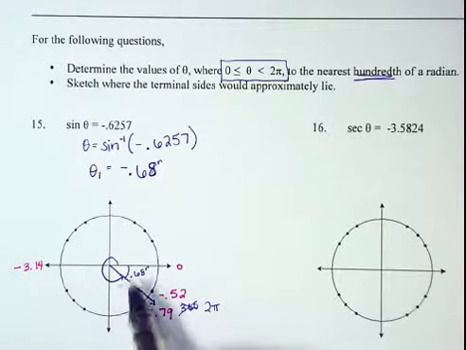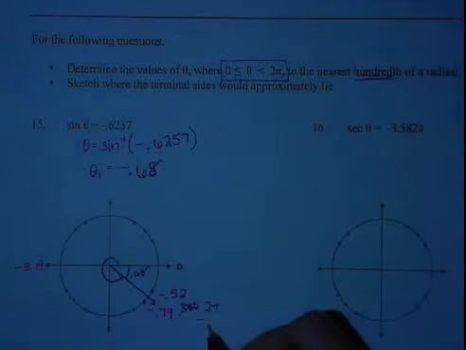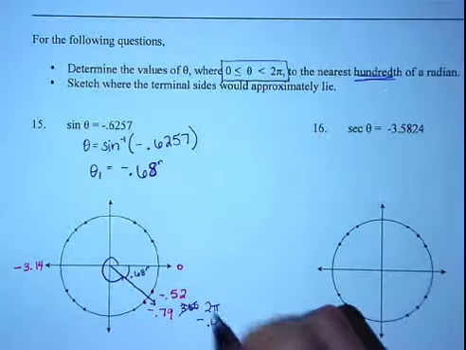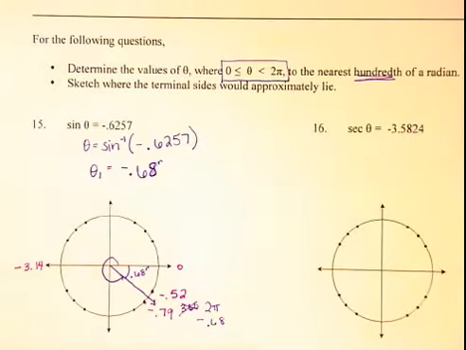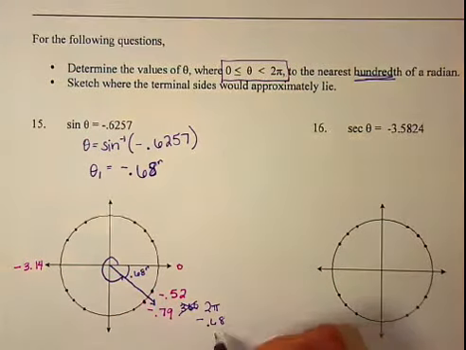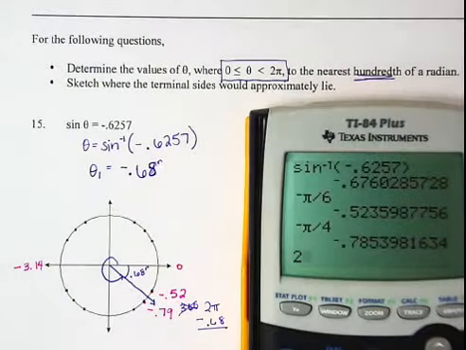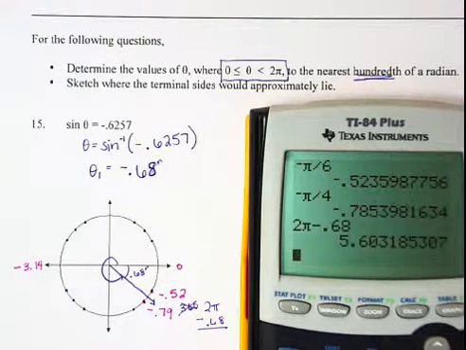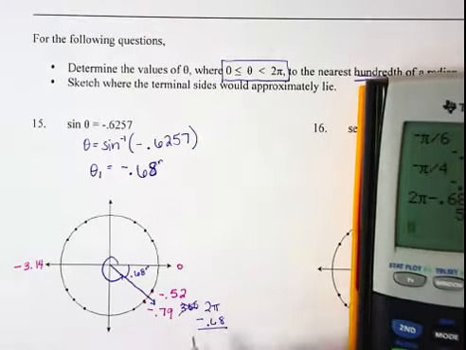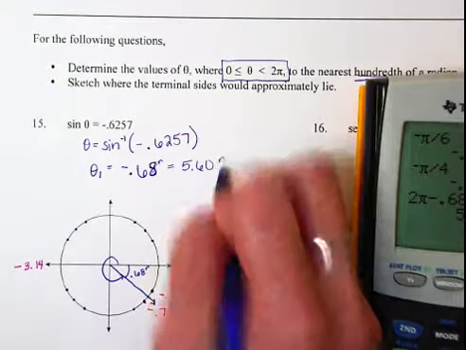But I'm not quite at 2 pi, I am less than 2 pi by 0.68. Whoops. Let's get those lights back on. Okay. I'm less than 2 pi by 0.68, so I'm going to subtract that. And I'll actually do 2 pi minus 0.68, and I get 5.60. That is my first radian, so 5.60 radians.